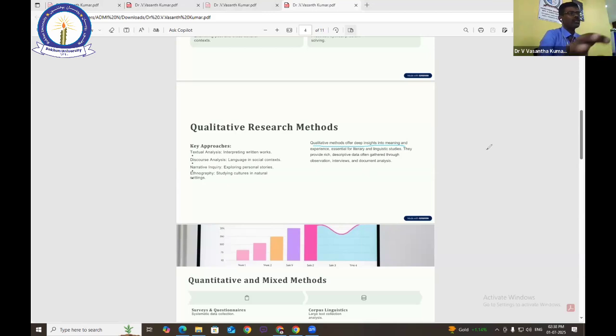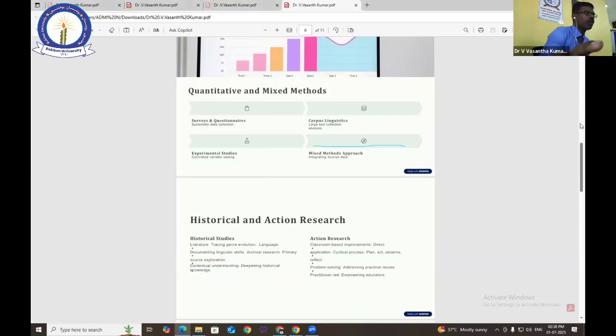My next one is quantitative methods. The quantitative and mixed methods, and also the experimental one. Systematic data collection, large-scale analysis, and mixed-methods approaches integrating diverse data, control of variables, testing.